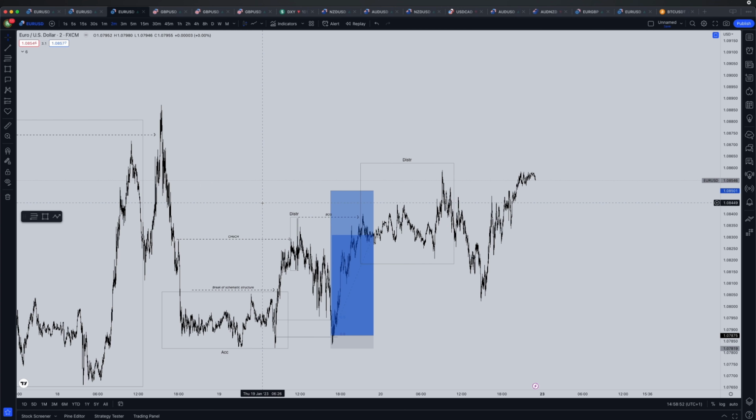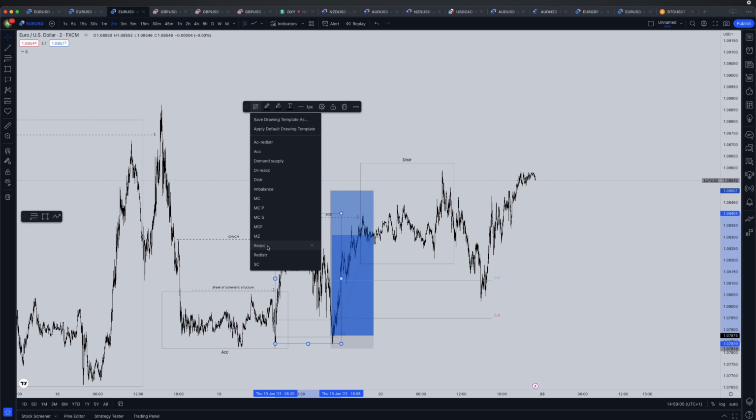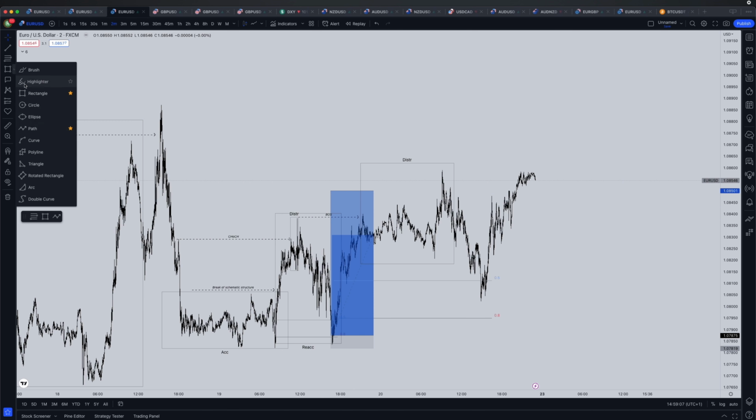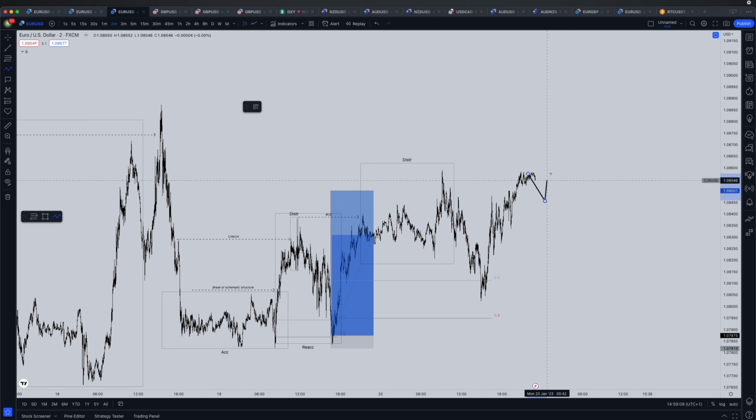So my bias, or my idea, is that it will turn into a reaccumulation again. And we start buying from the 50% of this reaccumulation. So next week I would like to see us continuing the uptrend and eventually break this high.